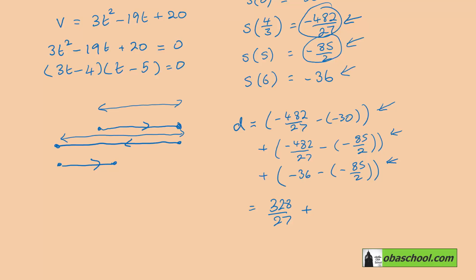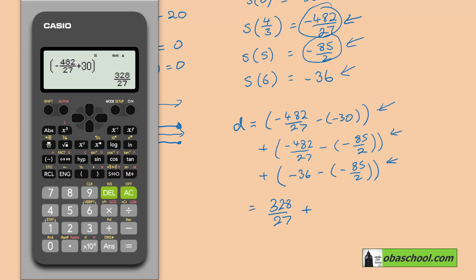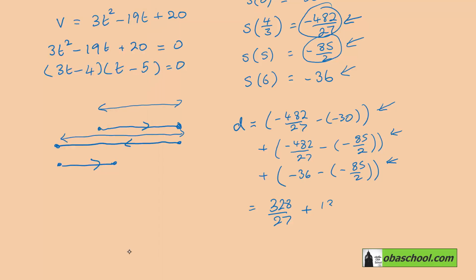And then for the next one, I'll just go and edit. So let's delete that. And we'll take away negative 85 on 2. And that gives me 1331 on 54.